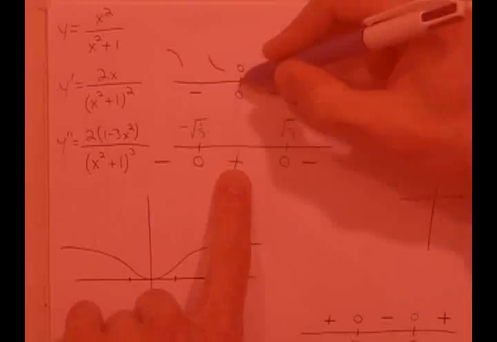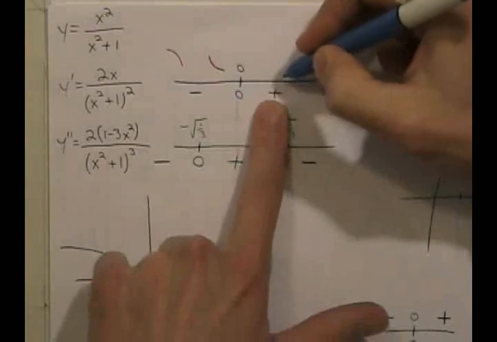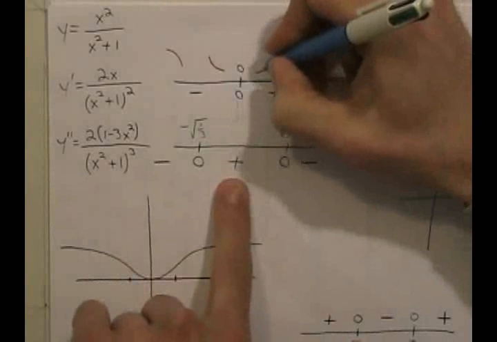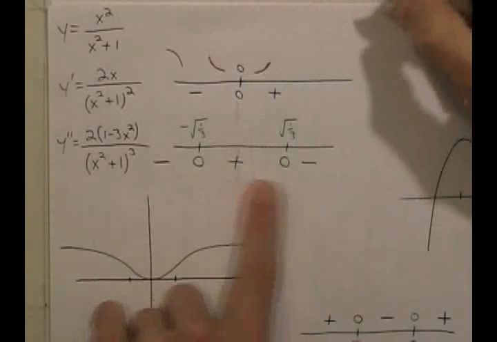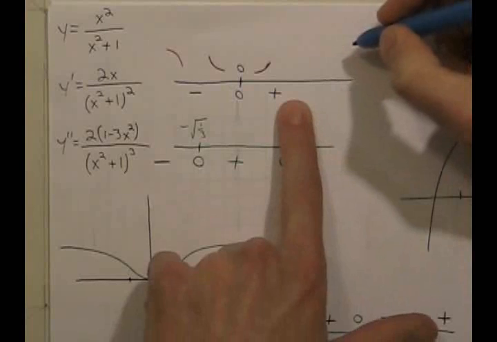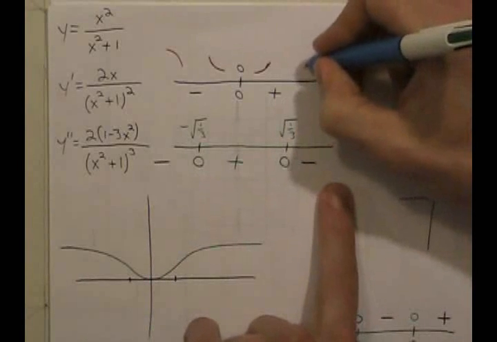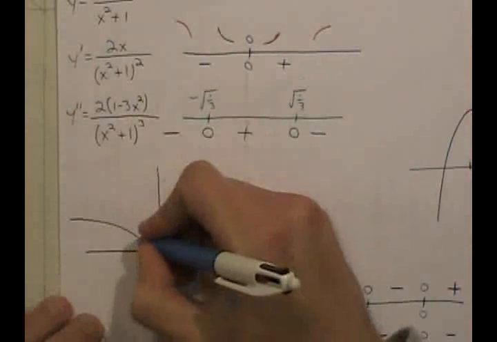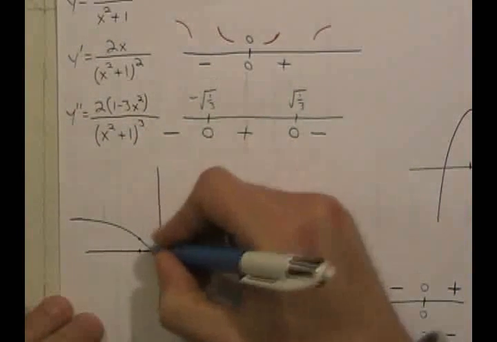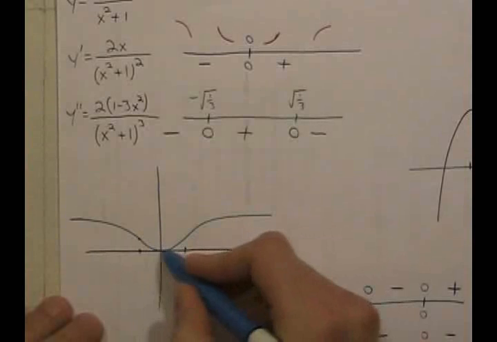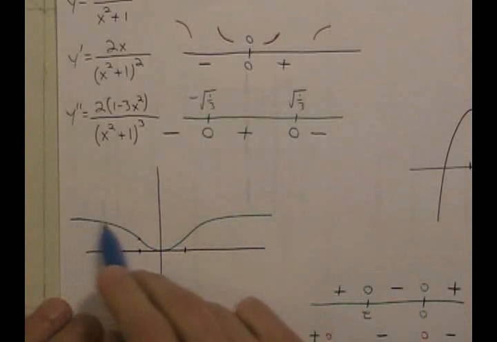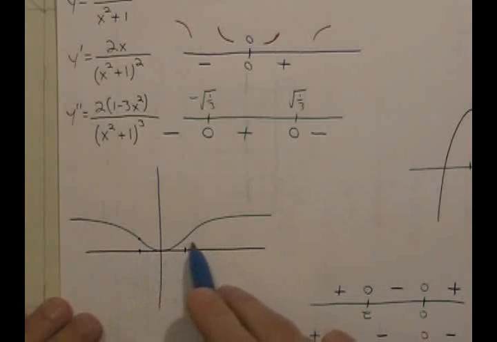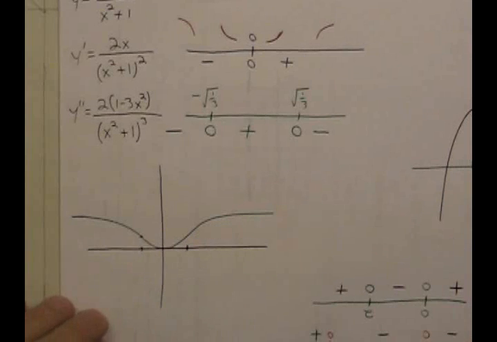From here to here, it's increasing and concave up, so that's this, roughly speaking. And then after that, it's still increasing forever, but concave down. And you can see that's borne out in the graph, right? It's got the 4 shapes right there, decreasing all the while, increasing thereafter, concave down, concave up, concave down again.